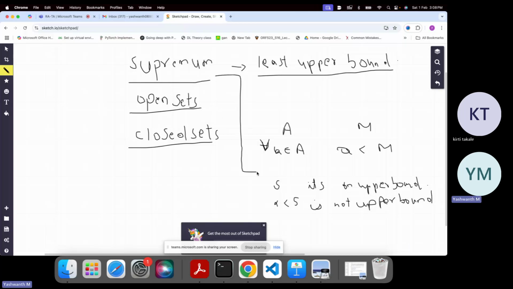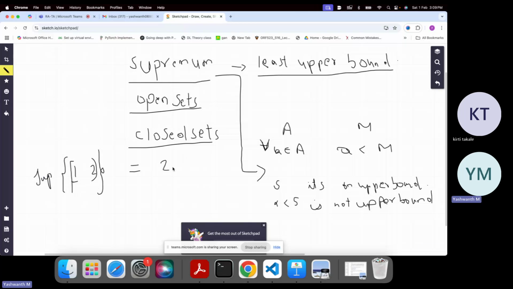Okay, it's clear. So let me give you a few examples, say 1 to 2. This is a closed one and open two. Can you tell what is the supremum of this set? The supremum of this set is 2.